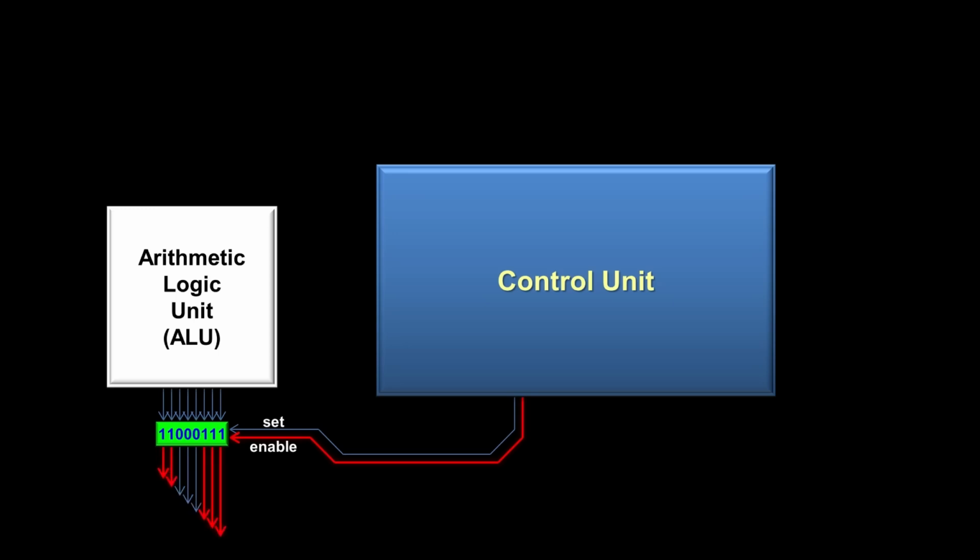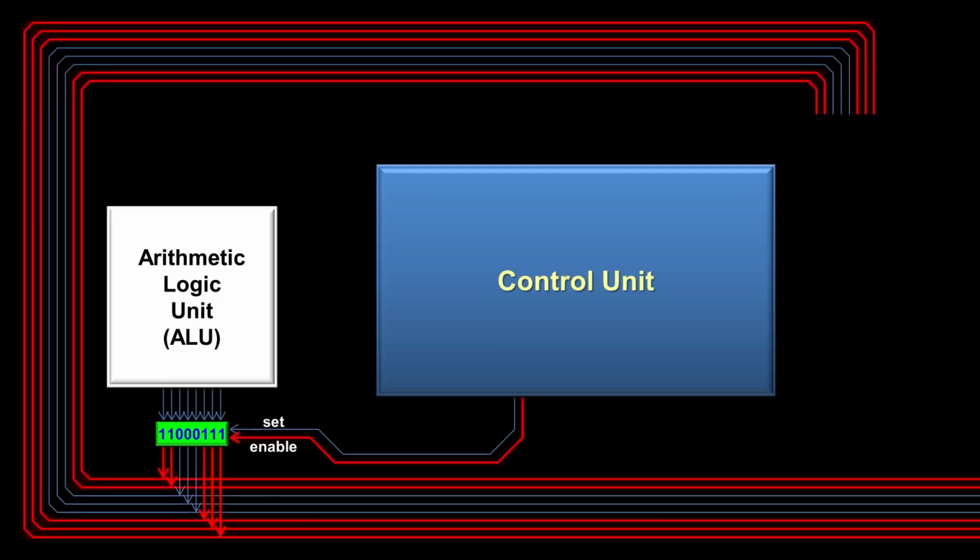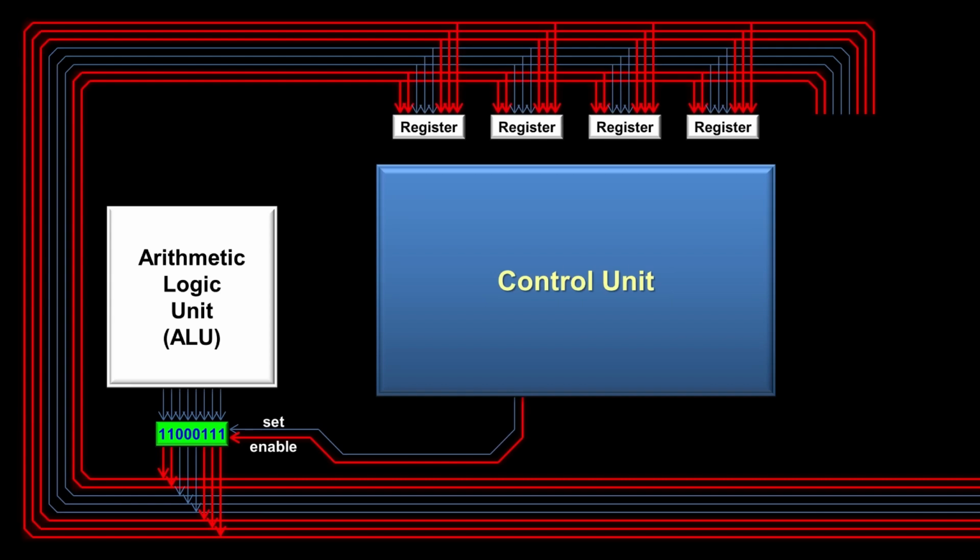The output wires of the register then connect to what is called the CPU bus. A bus, as we saw earlier on the motherboard, is simply a group of wires that connect multiple components inside a computer. On the bus are some other registers with their own set and enable wires. These may have numbers from previous instructions already saved inside.